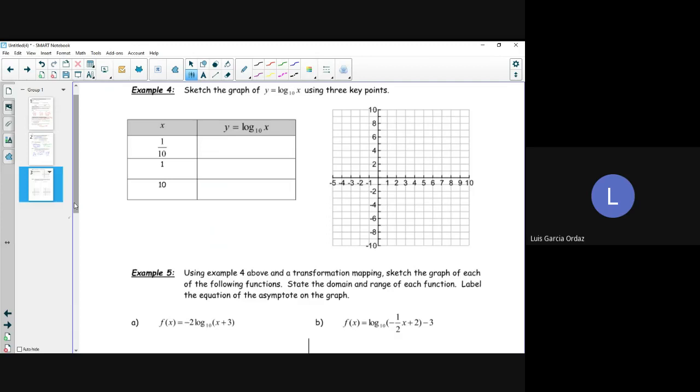So if you use the log function, if we do log of 1/10, it is going to give us -1. If we do log of 1, it's going to be 0. And if we do log of 10, it is going to give us 1. So these are the 3 key points you guys are going to be using to help you find the transformed points of the transformed log function.